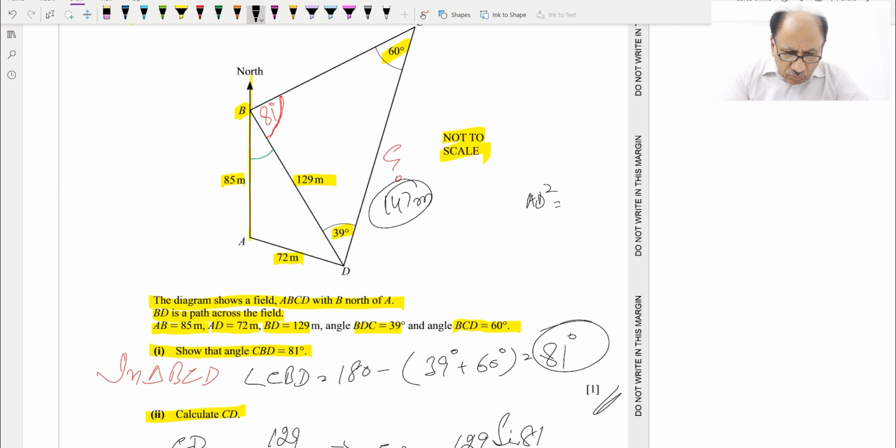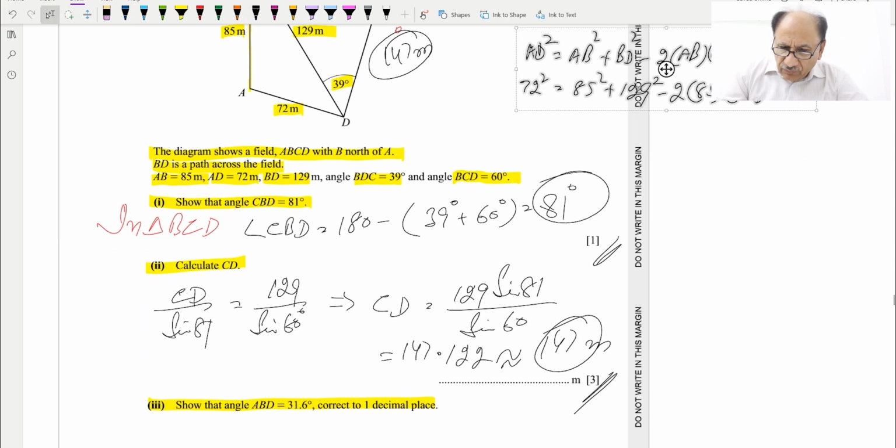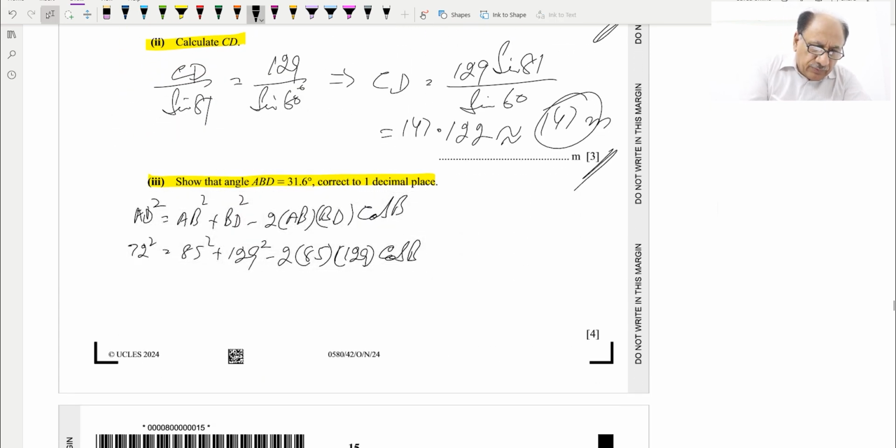AD square is equal to AB square plus BD square minus 2 into AB into BD and cos of angle B. So 72 square is equal to 85 square plus 129 square minus 2 into 85 into 129 and cos of B. I have written this closer to the diagram so that you can check the angles and step side by side.